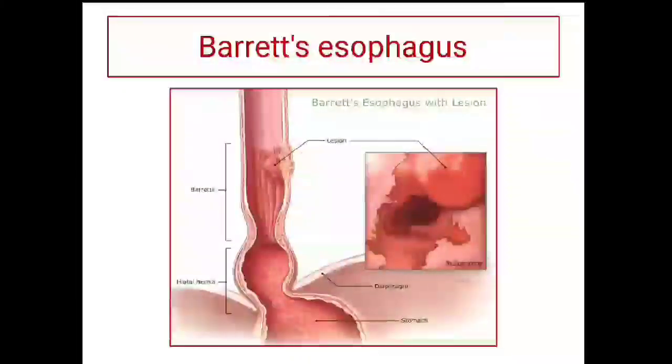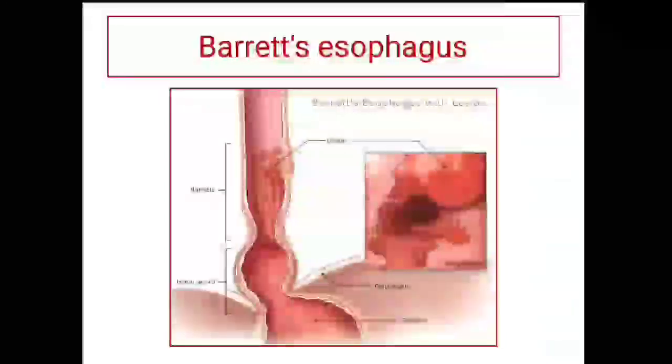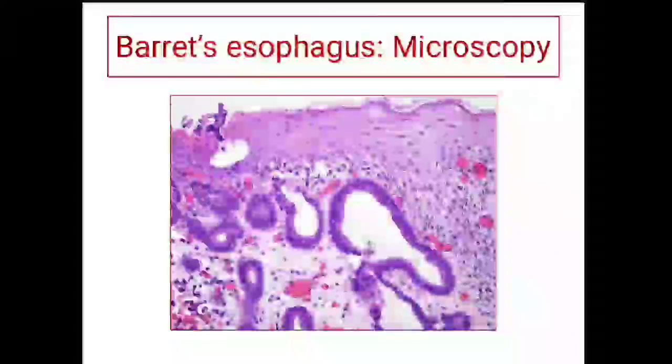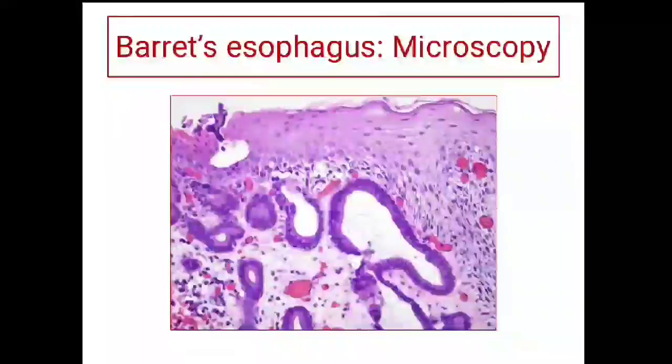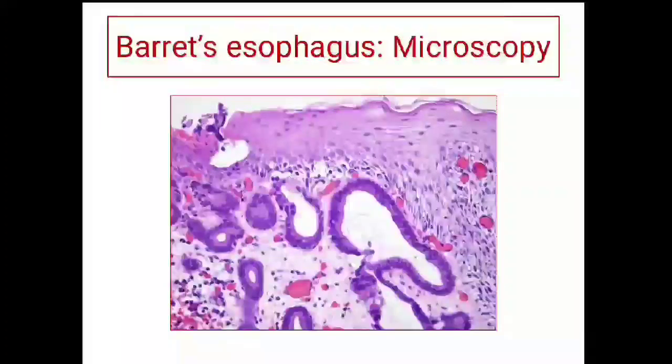Grossly, the lower end of the esophagus would look red and velvety. When we see it under the microscope, we see that underneath the pre-existing stratified squamous epithelium, that is represented by this parallel arrangement of cells in the upper part, lie glands lined by tall columnar epithelium that is so characteristic of the gastric mucosa.